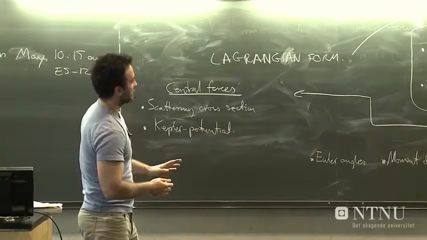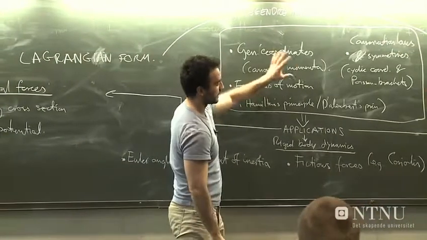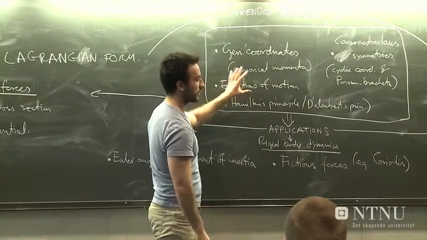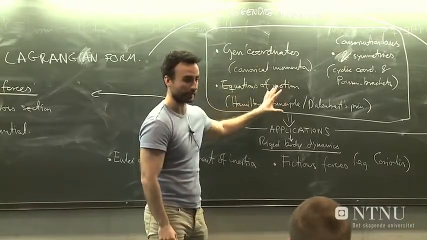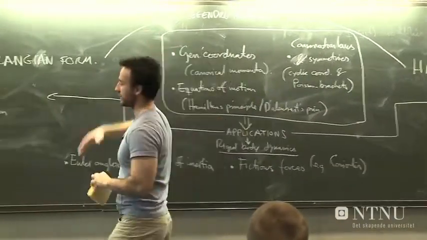So I would say that these are probably the main applications that we've used this framework for, and this is the general structure of the formalism that we've applied. So let me then move on to the upper part of the diagram.